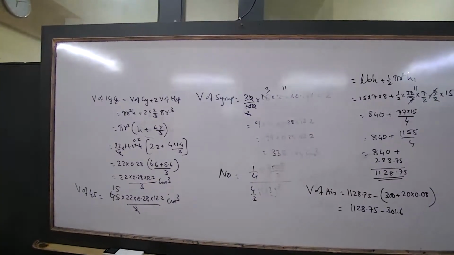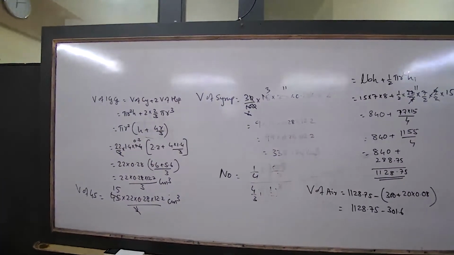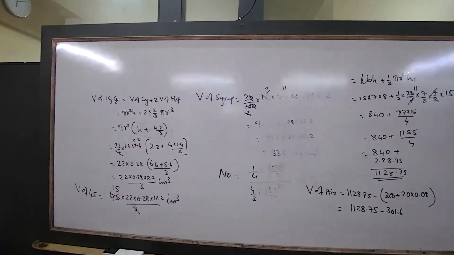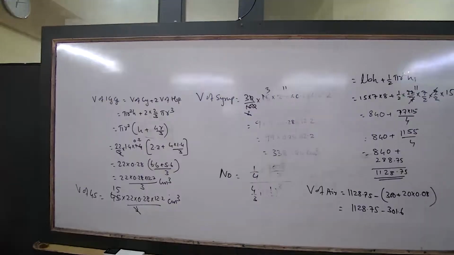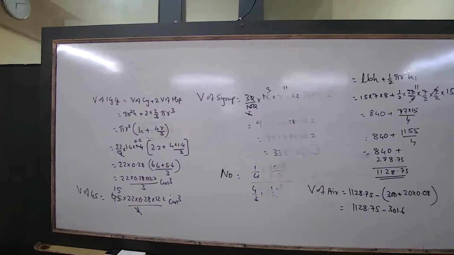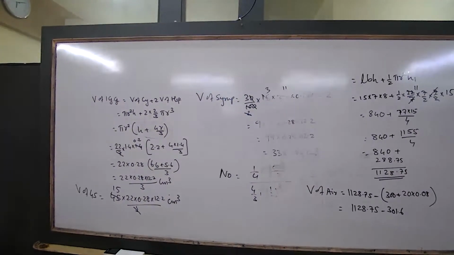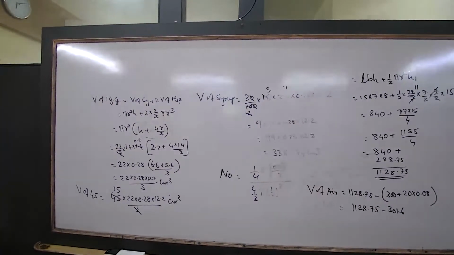Now, what is the meaning of water flows at the rate of 5 kilometer per hour? The length of the water in 1 hour is equal to 5 kilometer. Are you followed? If the speed of a car is 60 kilometer per hour, it means in 1 hour it travels a distance of 60 kilometer.